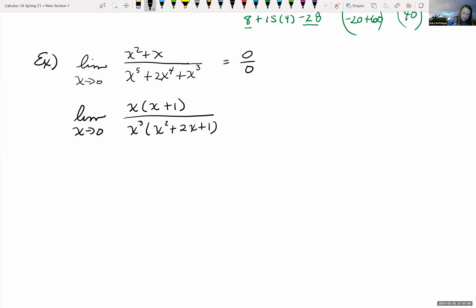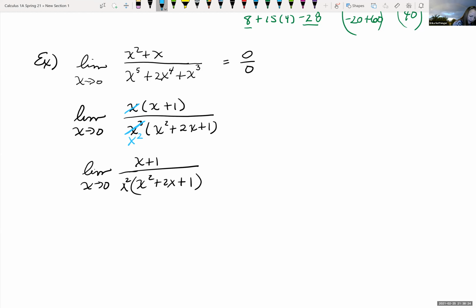If I plug in 0 still, I'm going to get 0 over 0, but notice that now that we factored it, I have an x divided by an x cubed. So x goes into x cubed x squared times. So as x approaches 0, the numerator is x plus 1, and the denominator is x squared plus 2x plus 1, all times x squared.